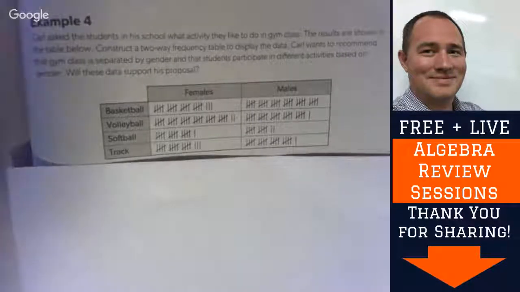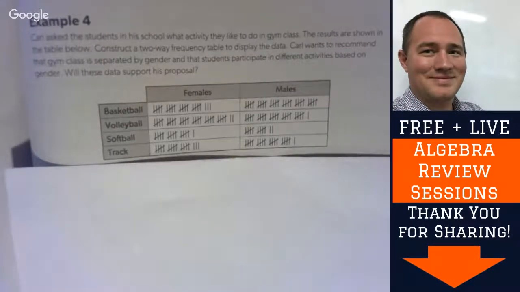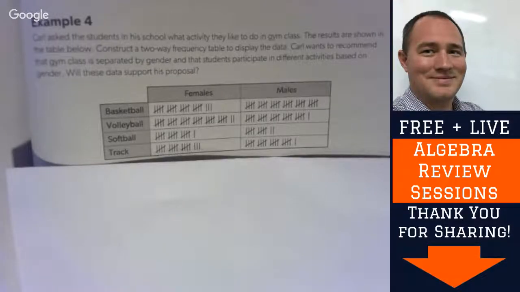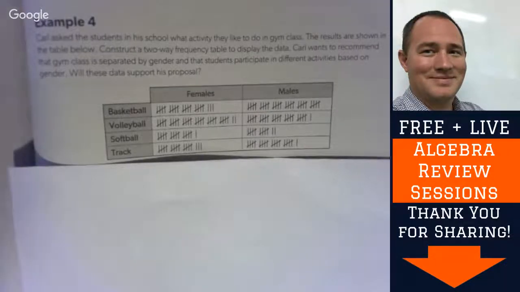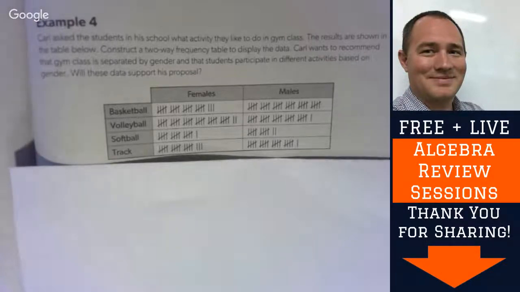So Carl asked the students in his school what activity they like to do in gym class. The results are shown in the table below. Construct a two-way frequency table to display the data. Carl wants to recommend gym class separate by gender, and that students participate in different activities based on gender.